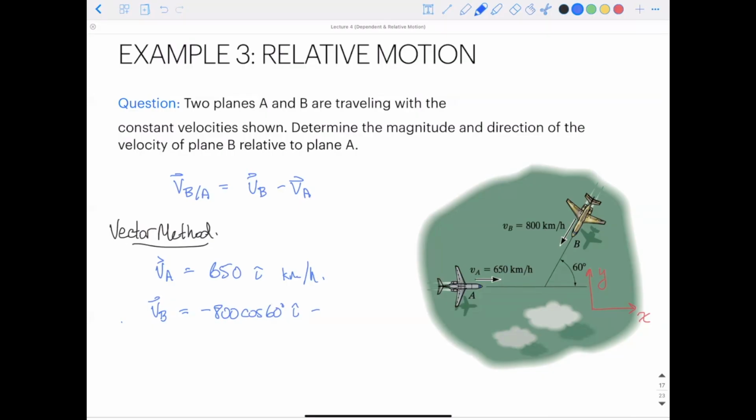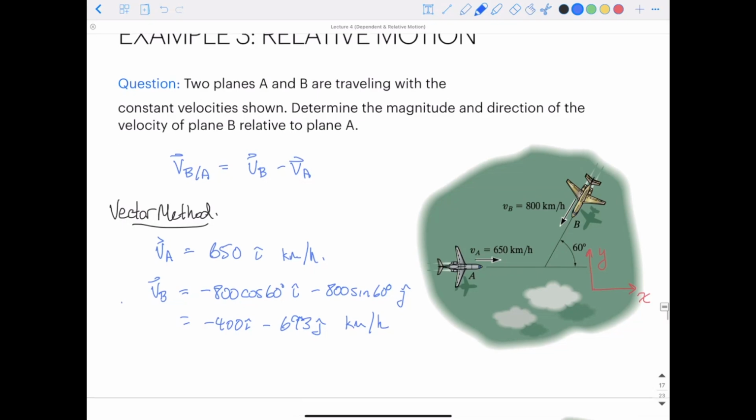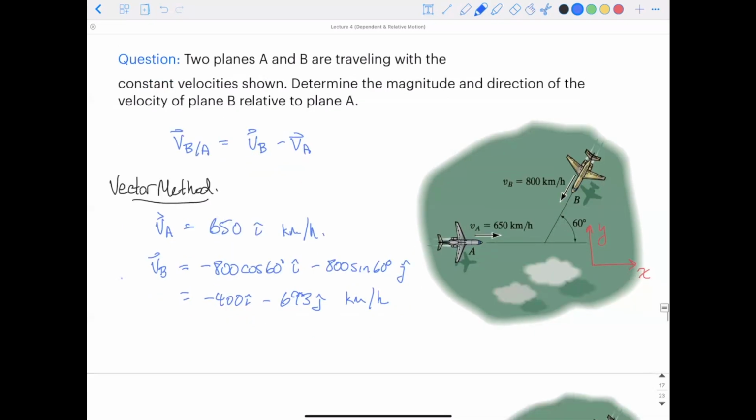And the Y direction is also negative: negative 800 sine of 60 times j. We can rewrite this as negative 400 i minus 693 j kilometers per hour. So we have the velocities of A and B.